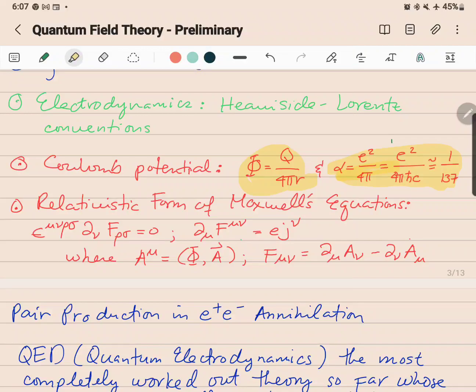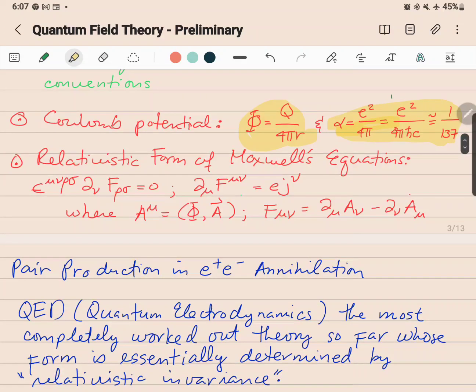And the relativistic form of Maxwell's equations, if you've not encountered them before, are this one. This is the antisymmetric tensor, where the F here is defined as this one, where the A are the four-potential. That's the combination of the scalar potential and the vector potential. So you can also review that.